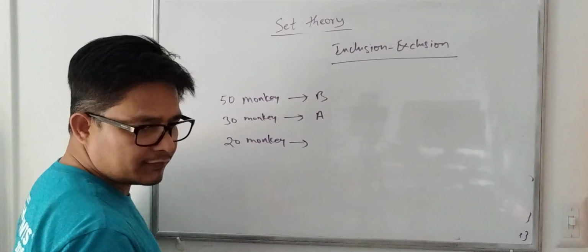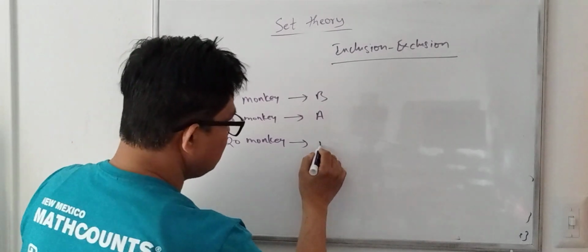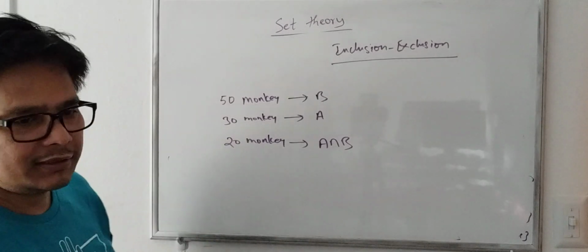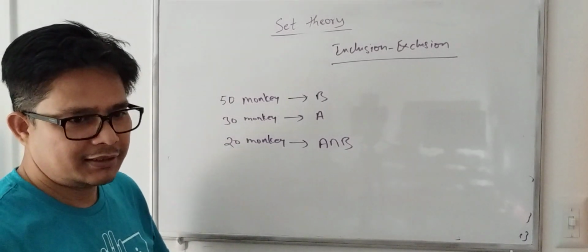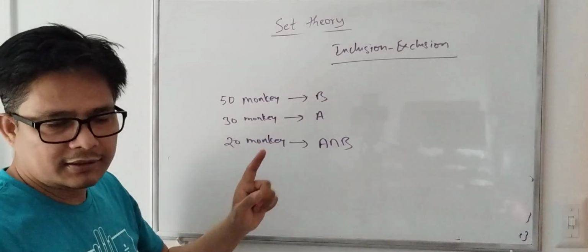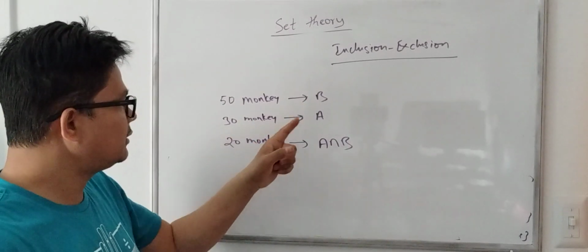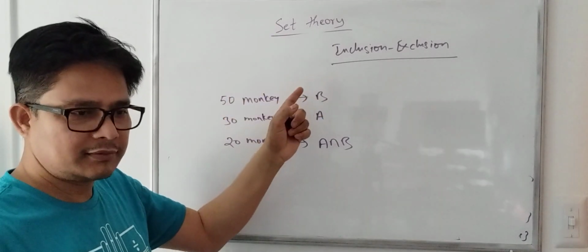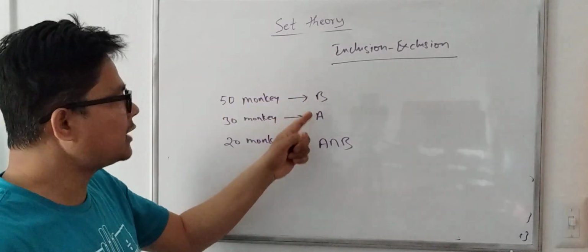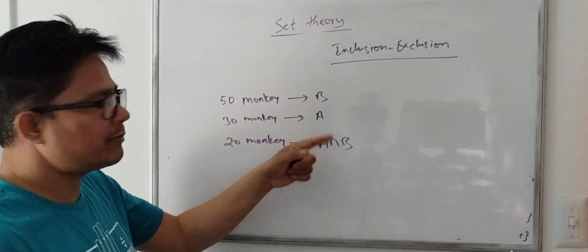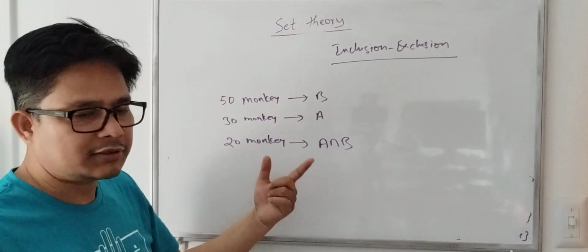So when I say both, it means intersection, A intersection B. Now you have to find how many monkeys are there in the jungle. And other than these two, banana and apple, there are no other monkeys who like some other fruit. So there are only two types of monkeys: eating banana or apple or both. There is no third type of monkey.